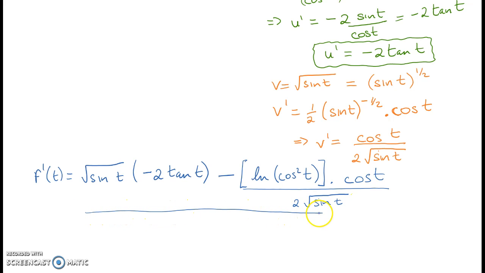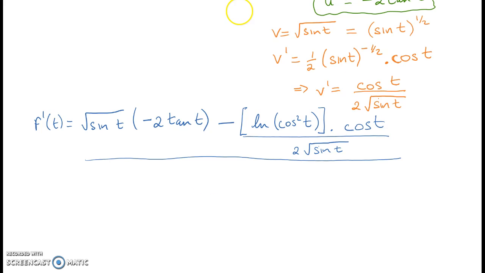And on the bottom, we're going to have v squared. So that was the square root of sine t squared.